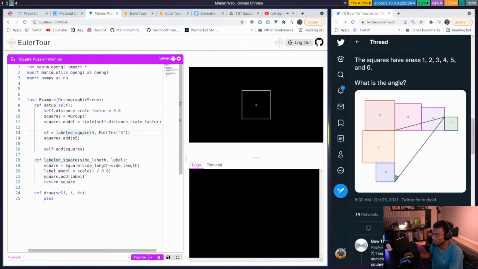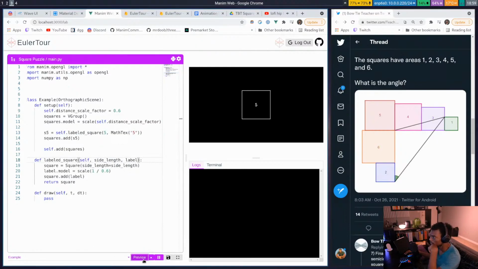And this should be self.s5 in MathTex 5. Let's write that properly. Okay.